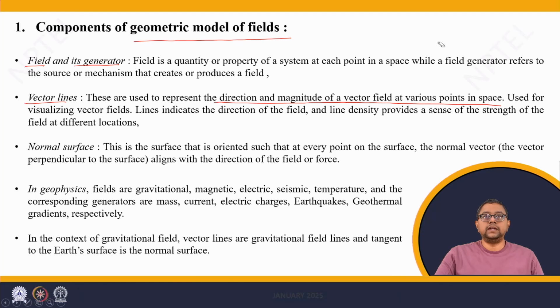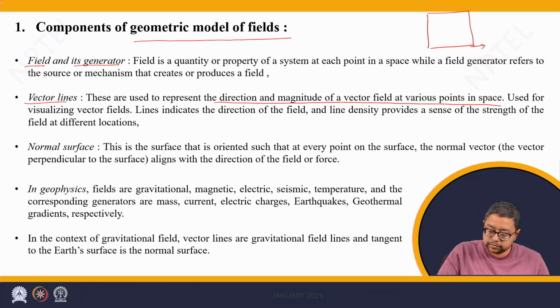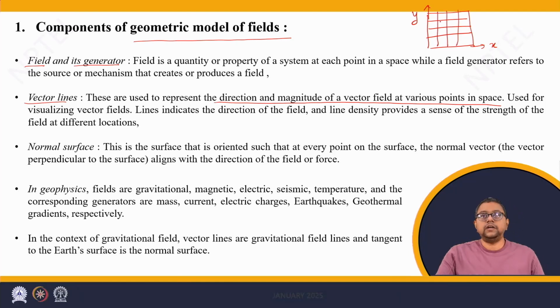For example, let us look at this diagram. Consider this a two-dimensional domain. The x and y axis, if we break this domain into a grid consisting of the intersecting points as nodes, we can get the value of a vector field at each node as follows.